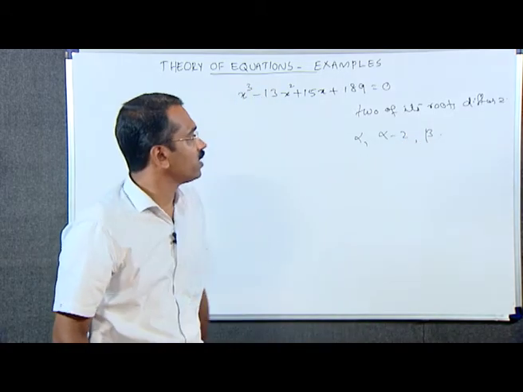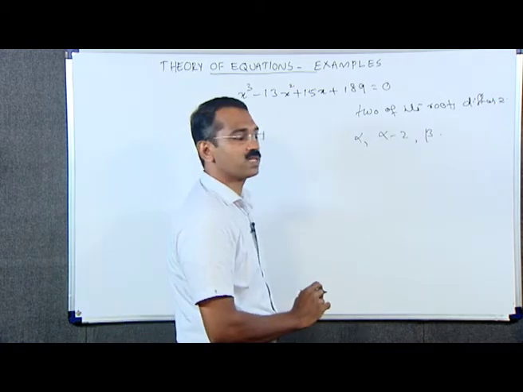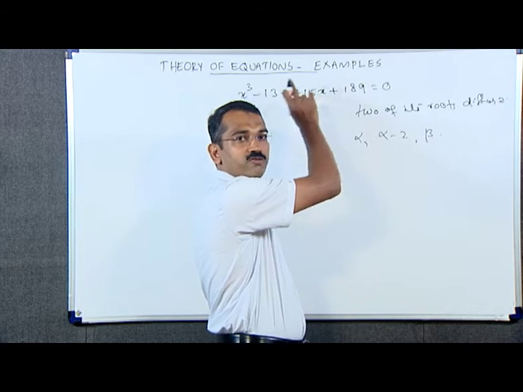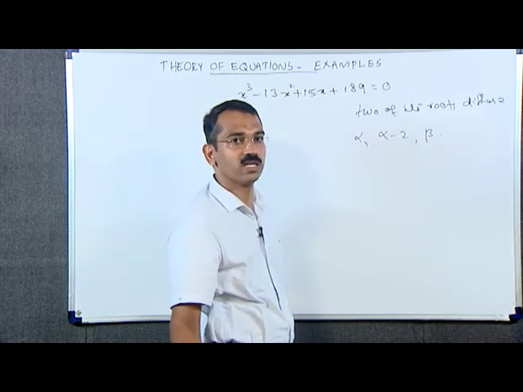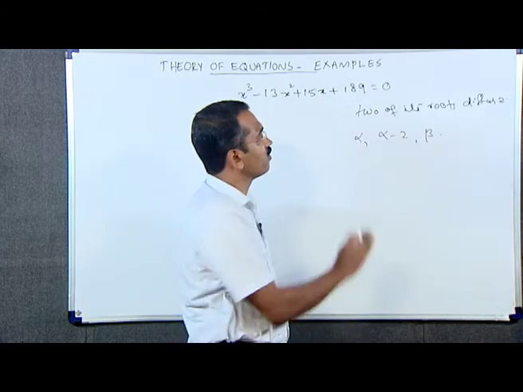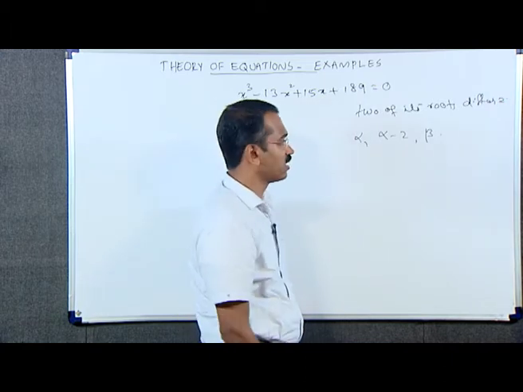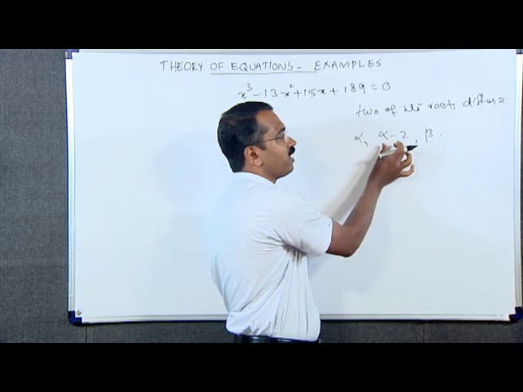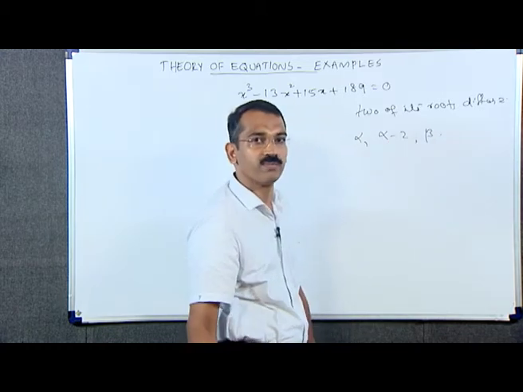In the previous session we discussed the relation between the coefficients of this type of equation and the roots of the given equation. Here the 3 roots are alpha, alpha minus 2 and beta.